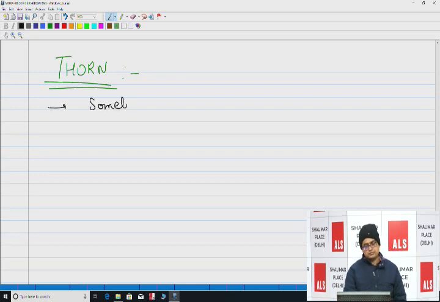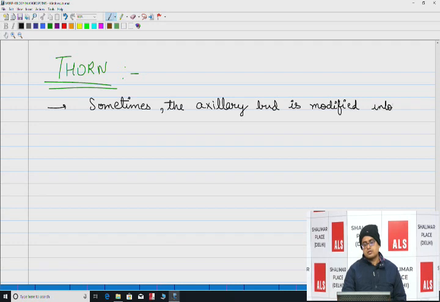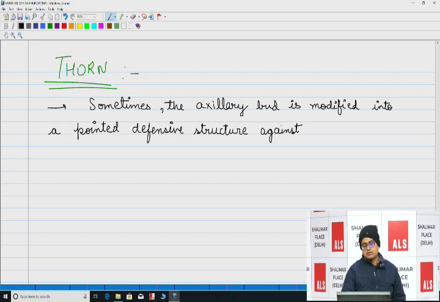Sometimes the axillary bud is modified into a pointed defensive structure against herbivores.